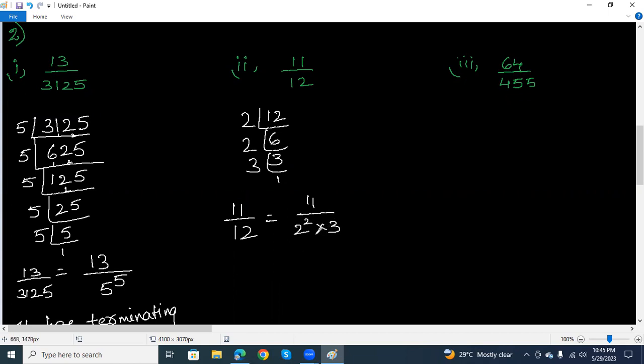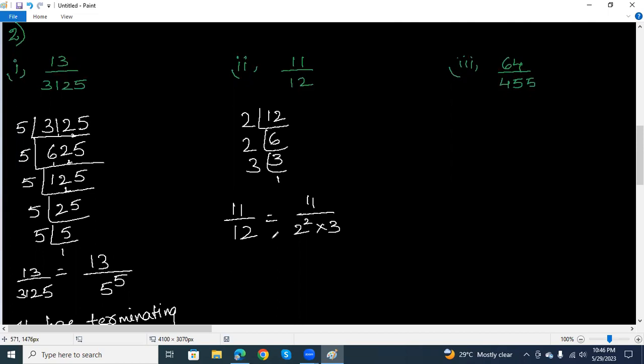Our denominator should contain either 2 power n form or 5 power m form or both 2 power n and 5 power m. See, here 2 power n is there, but along with this, we have one more prime factor, 3. So it is not a terminating decimal.